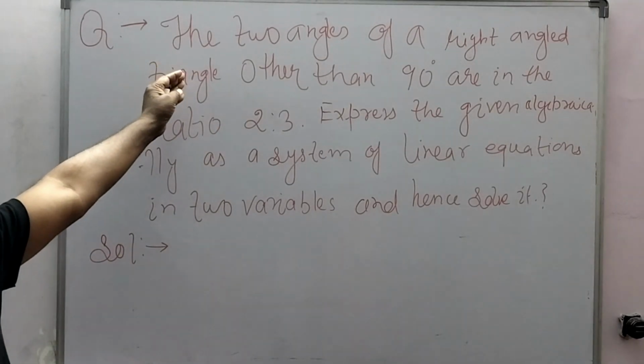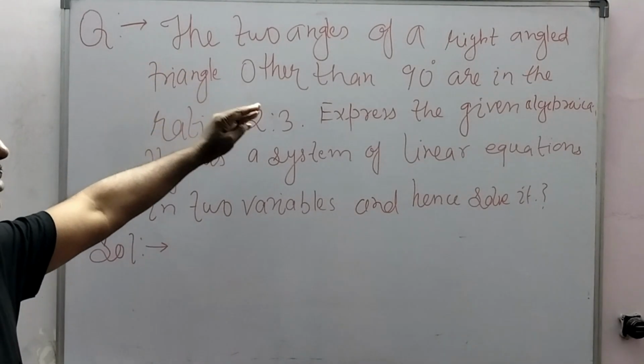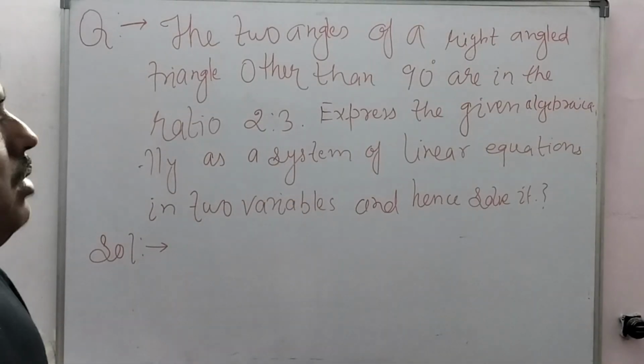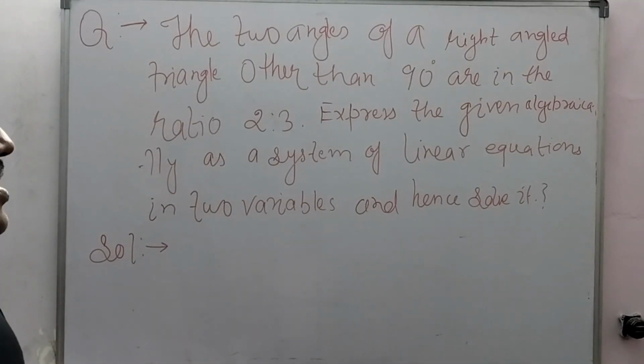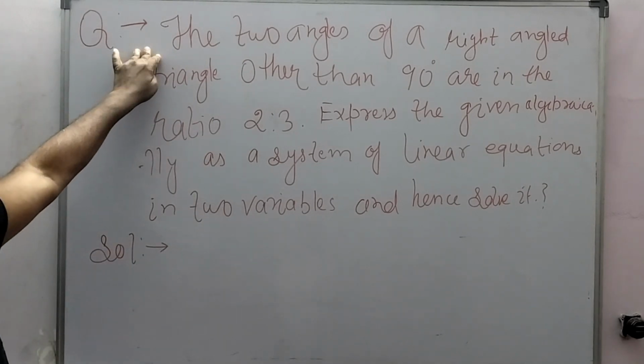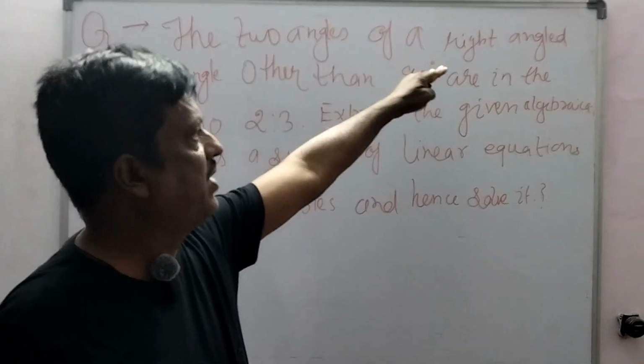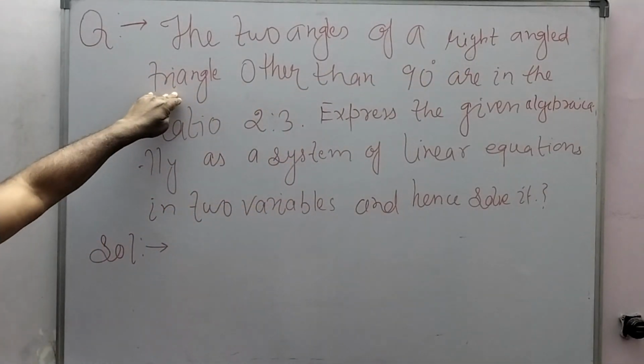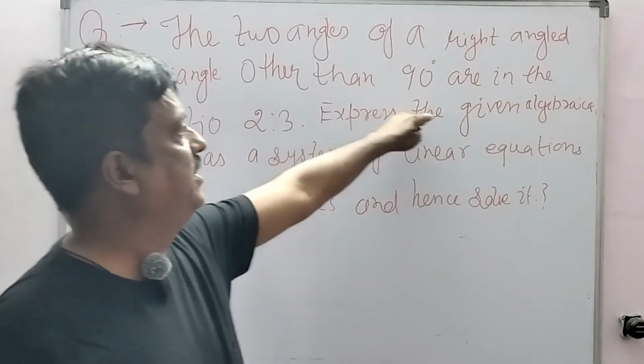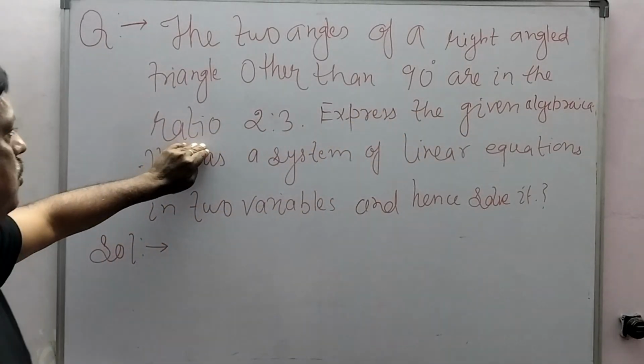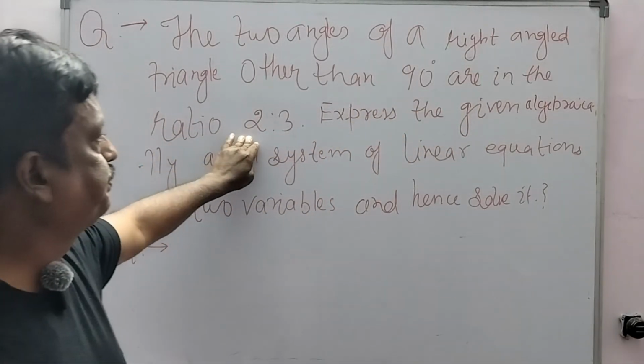Hello dosto, we have seen the previous problems. Let us see the next problem of another chapter, which is a PYQ of CBSE class 10. The question: given the two angles of a right angled triangle other than 90 degree are in the ratio 2:3.